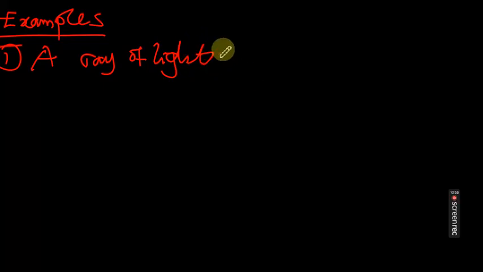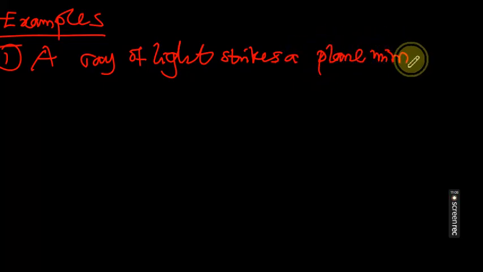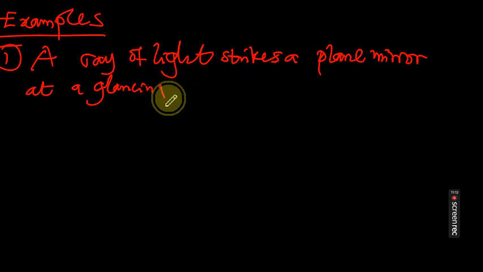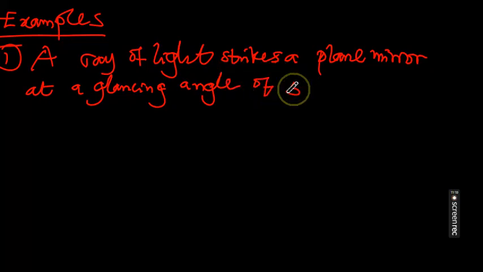So it's possible to have examples like this. Example one: a ray of light strikes a plane mirror at a glancing angle of 55 degrees.